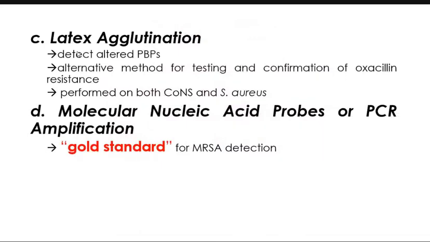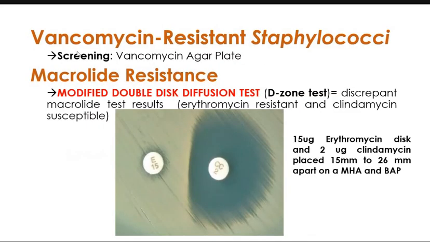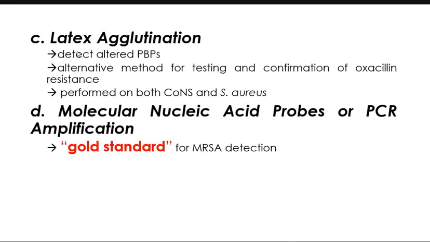Okay? So we can also do latex agglutination to detect altered, again, your penicillin binding proteins. It's an alternative method for testing and confirmation of oxacillin resistance, and this can be performed on both coagulase negative Staphylococcus and Staphylococcus aureus.